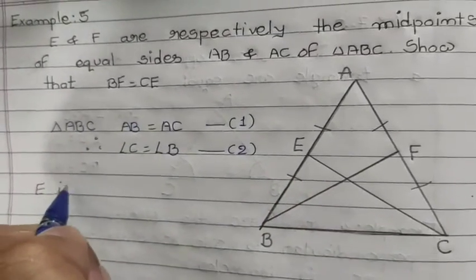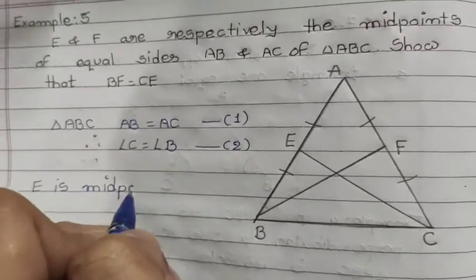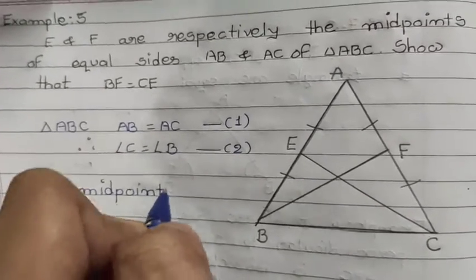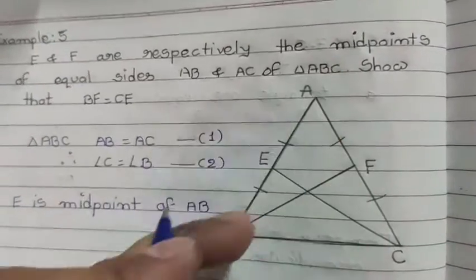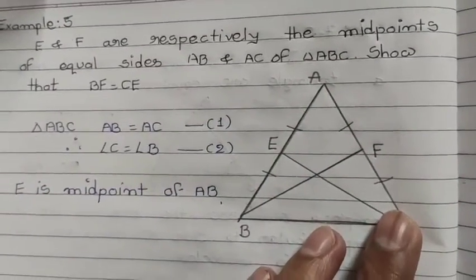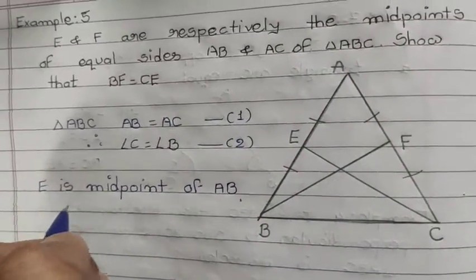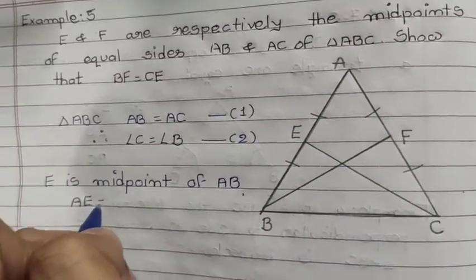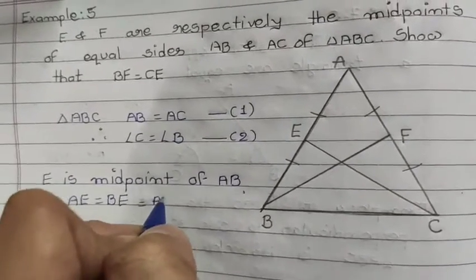E is the midpoint of AB. Am I right? If E is a midpoint of AB, then we can definitely write it will divide it into two equal line segments. That means AE is equal to BE, and that is equal to AB by 2. Am I right?